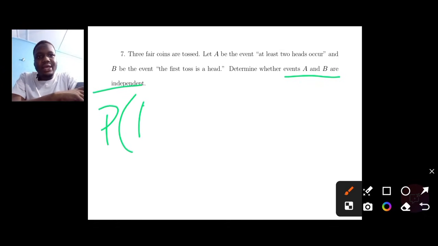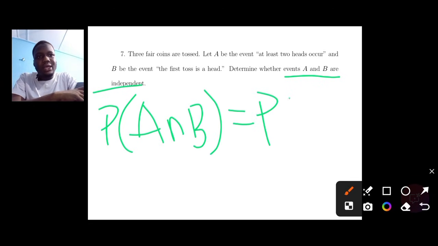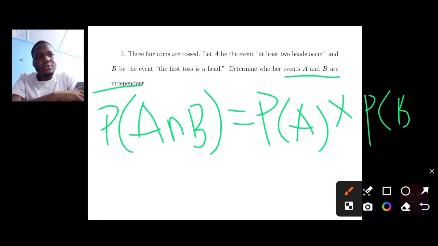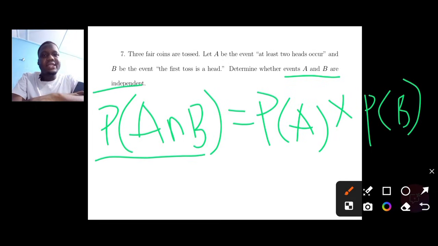We saw that P(A intersection B) is equal to P(A) times P(B). So let's find the probability of A intersection B, and let's find the probability of A and multiply it by the probability of B. If we get the same answers, they are independent. If not, they are not independent. So let's find P(A intersection B) first.